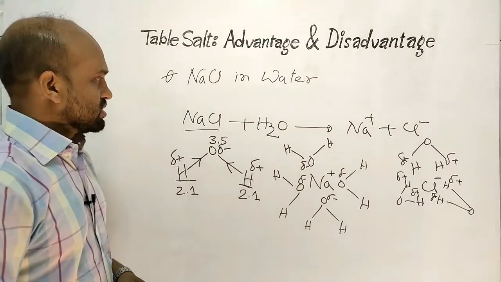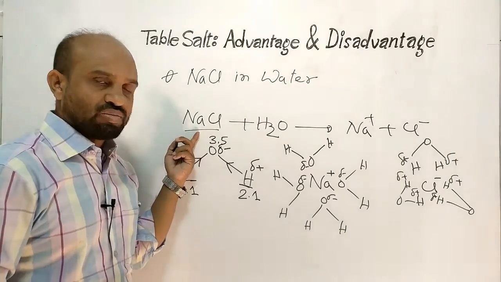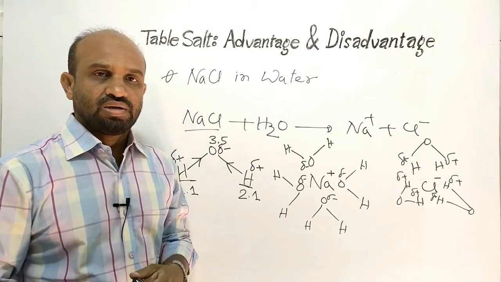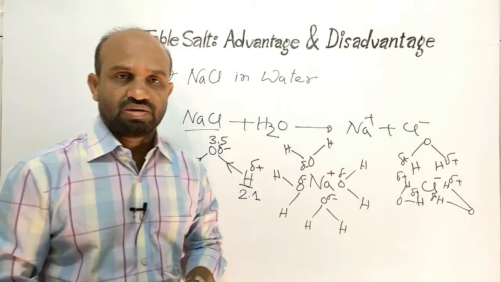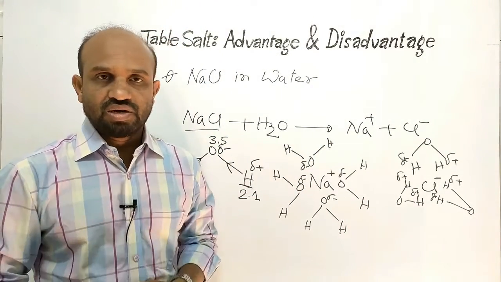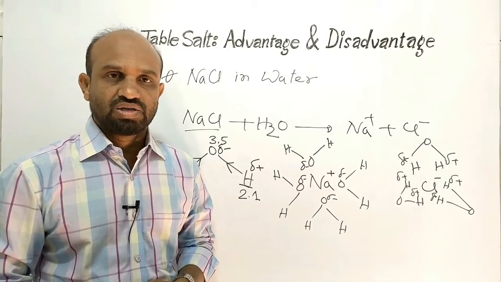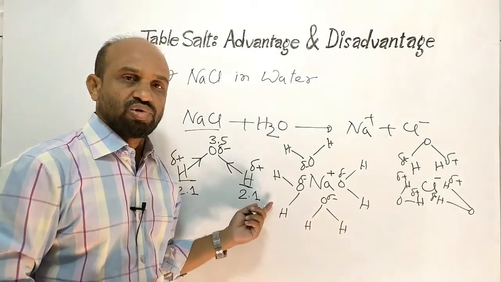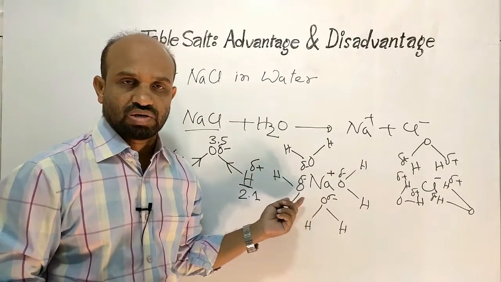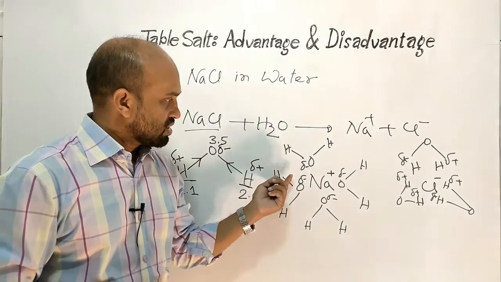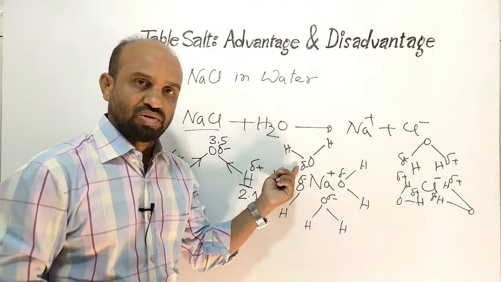So we can say that sodium chloride in water ionizes to sodium ion and chloride ion. Then these ions are surrounded by some water molecules. Sodium ion is surrounded by some water molecules with the negative end of water molecules.